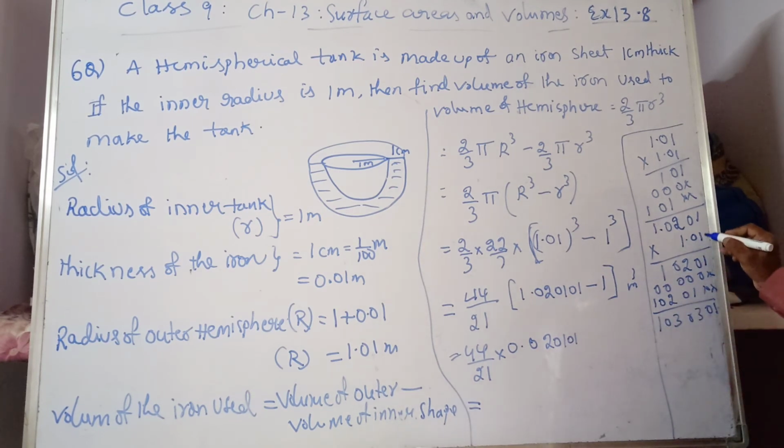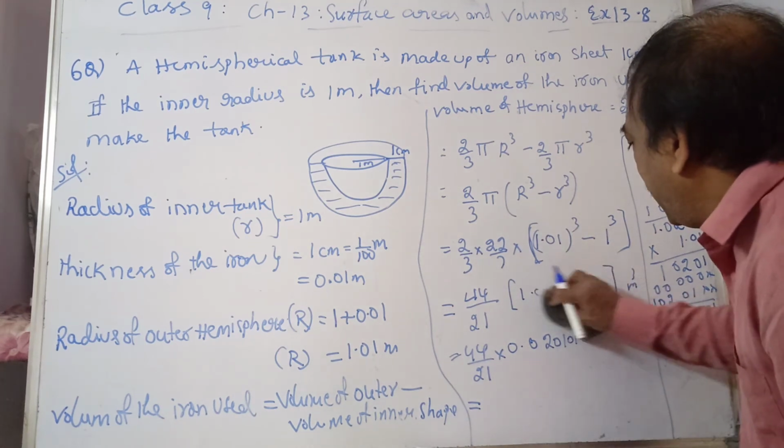Place the decimal point here. Here 4 digits are there plus 2. Total 6. 1 2 3 4 5 6. So this is 1.03. Observe it here.